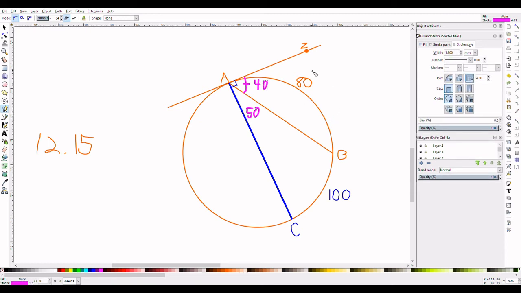And so the rule will be this arc divided in half will be this angle. Writing that out mathematically, arc AB over 2 equals ZAB.